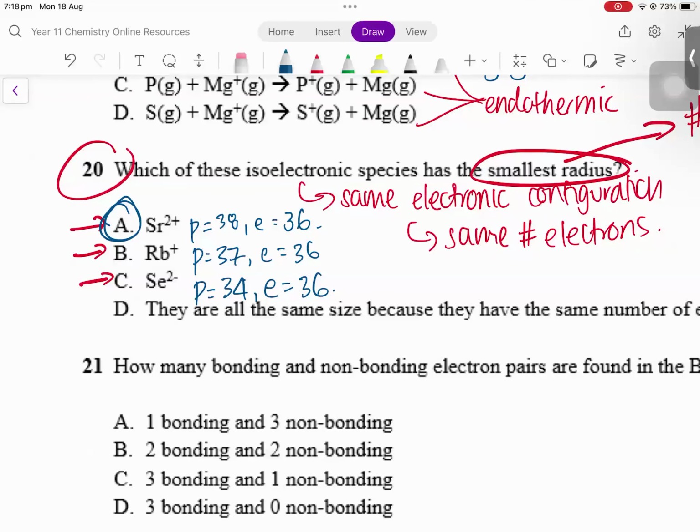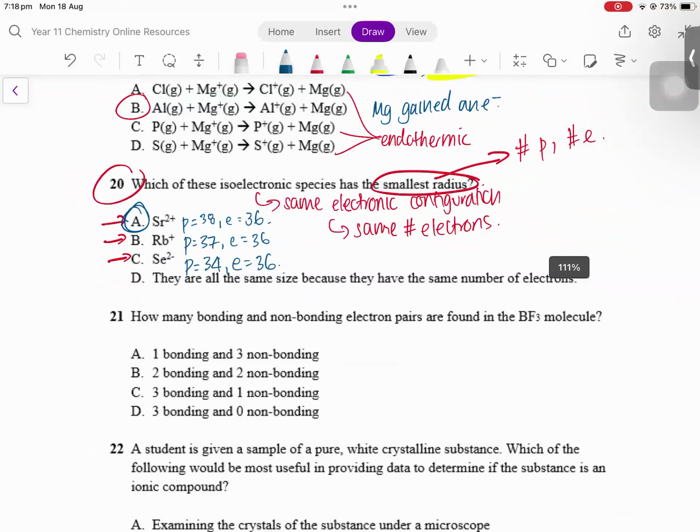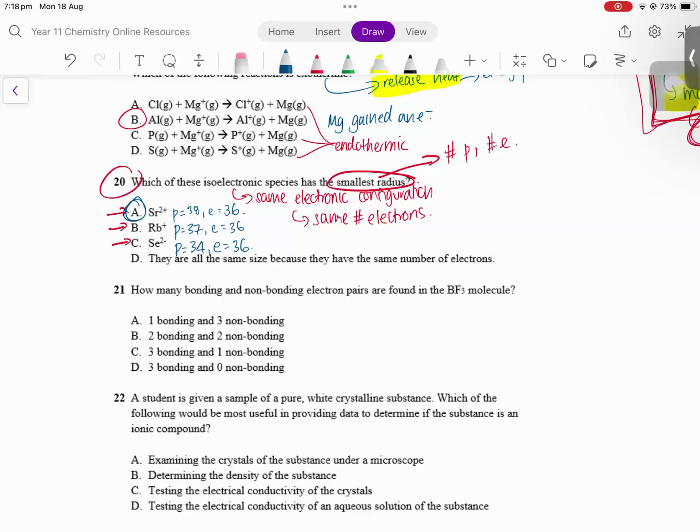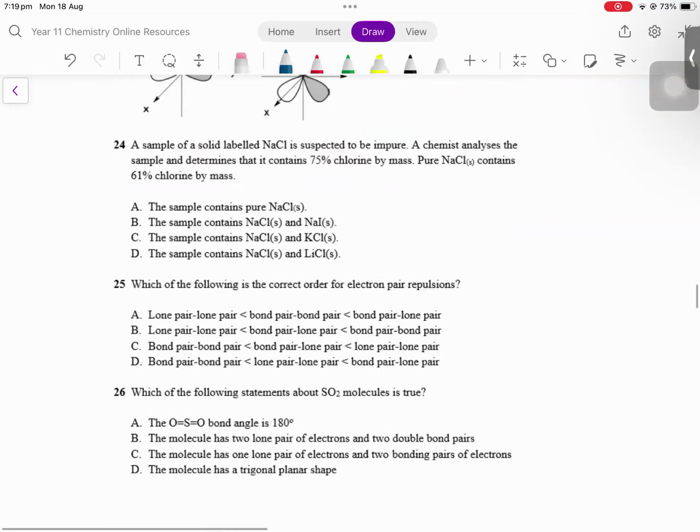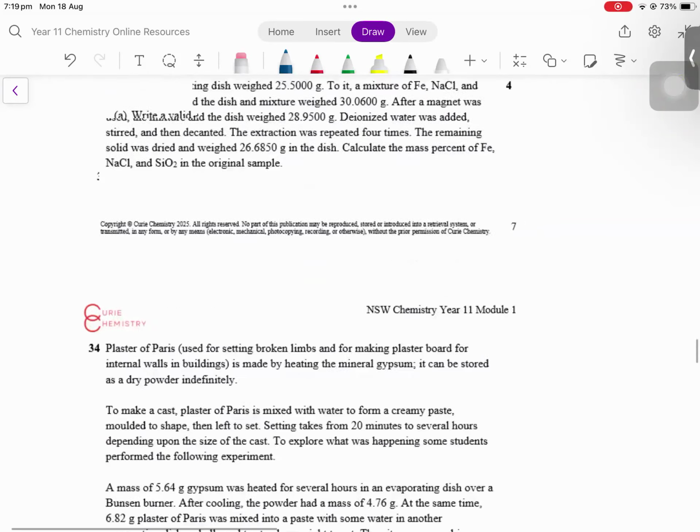A has more protons. It has more power to pull those electrons in. So your answer is going to be A. Good. So D is not your answer because it doesn't just depend on the number of electrons, it depends on the number of protons as well. Okay? All right. Remember, any questions as we're going, let me know.